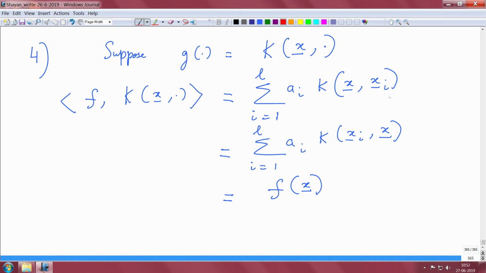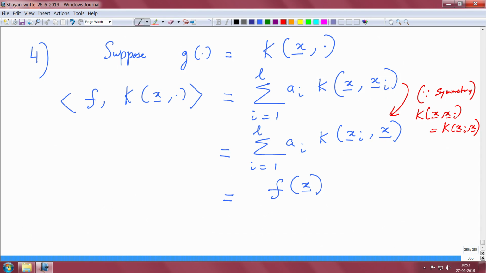So, I just retrace the steps here. This is because of symmetry, which is K(x, xi) is K acting on xi and x. Because I have this symmetric property, the kernel acting on x with xi is the same as the kernel acting on xi with x.